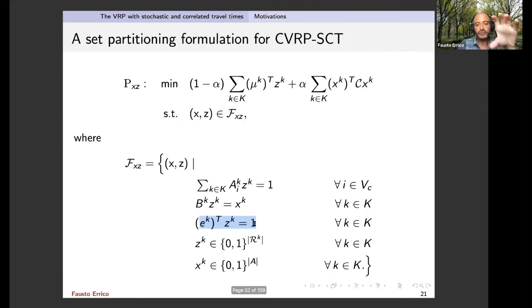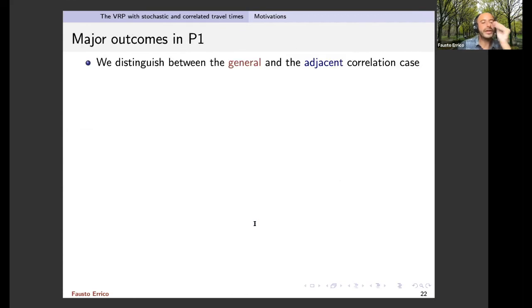We start working on this formulation in the first paper. I don't go into the details of that paper, I just explain a little of what we do. We first make a distinction between a full dense covariance matrix, which we call general, and an adjacent matrix, in which only arcs adjacent to each other can be potentially correlated.